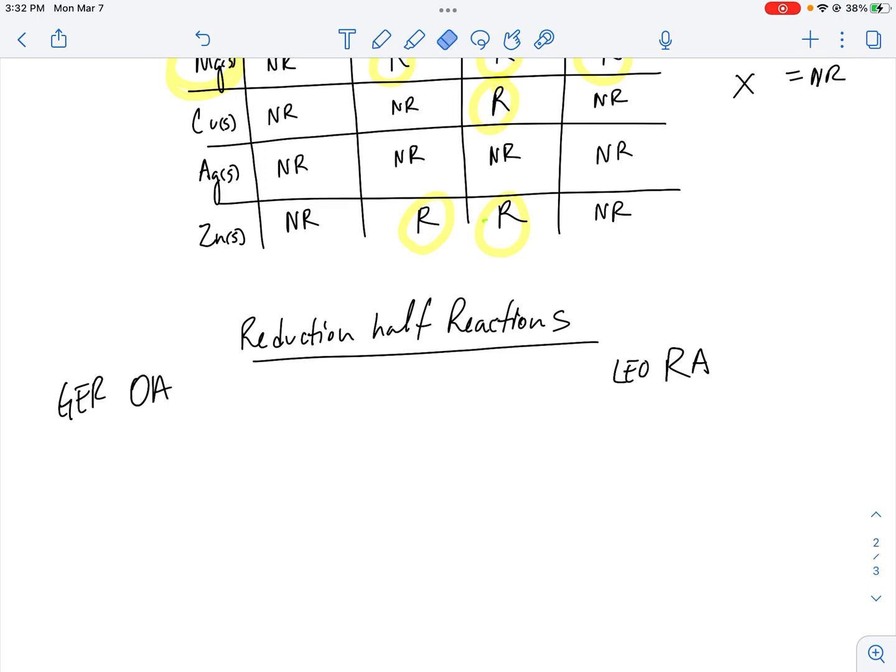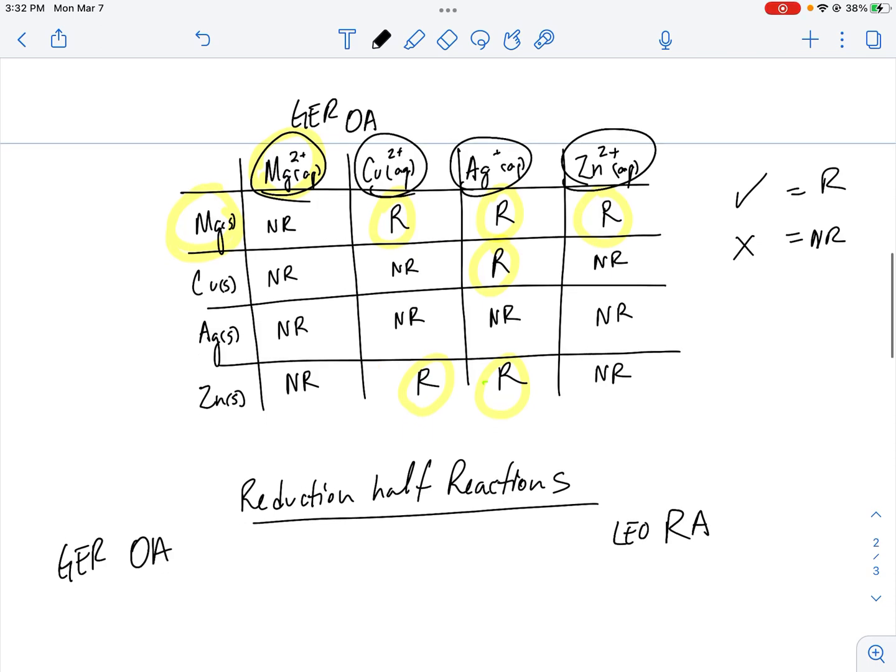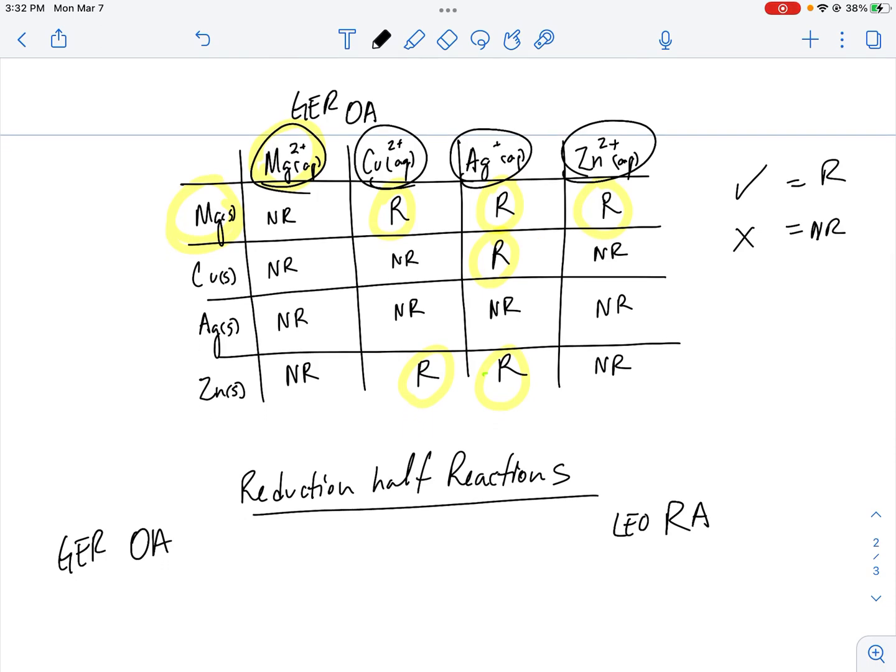All right, so we're going to fill in our table, but what we need to do is decide which of the oxidizing agents was the strongest. So my oxidizing agents are gaining electrons and being reduced. That's these chemicals. So which of those oxidizing agents was the most reactive? So magnesium here, if I look, is not very reactive.